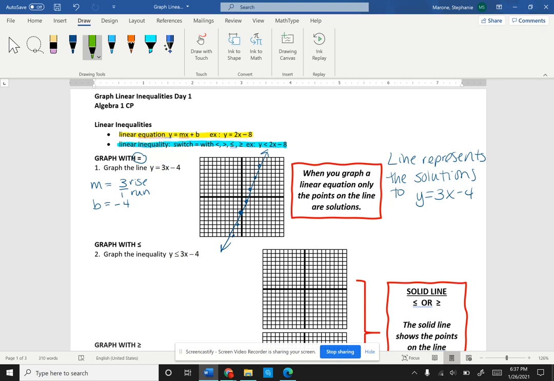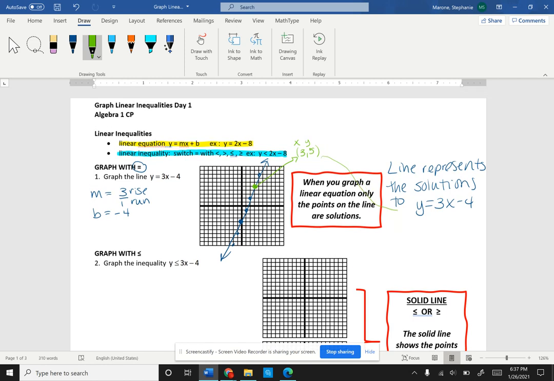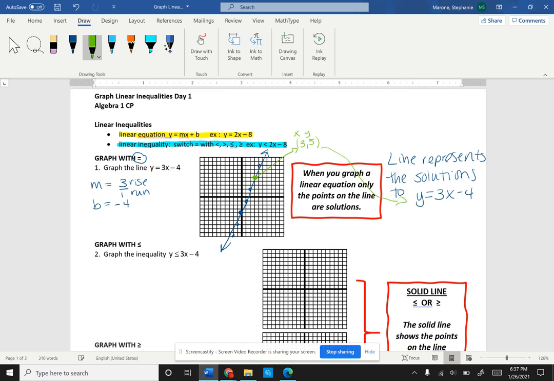What that means is if I pick a point on that line, let's say 1, 2, 3, 1, 2, 3, 4, 5. So if I pick this point and I substitute x is 3 and y is 5 into here, I would get y, which is 5, is equal to 3 times x, which is 3, minus 4.